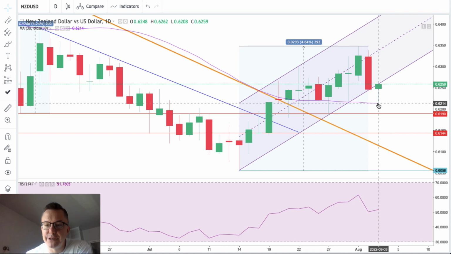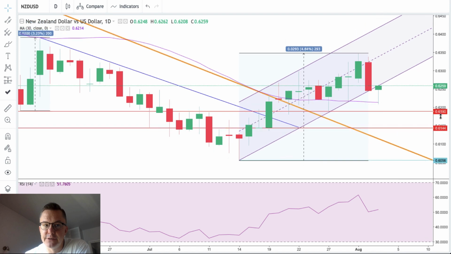It was just disappointing, and market participants were disappointed. We bounced from the 30-day moving average, so that might be the situation here. However, this is a daily time frame chart, and that candle has not been closed yet. So please keep an eye on how this candle will actually end.